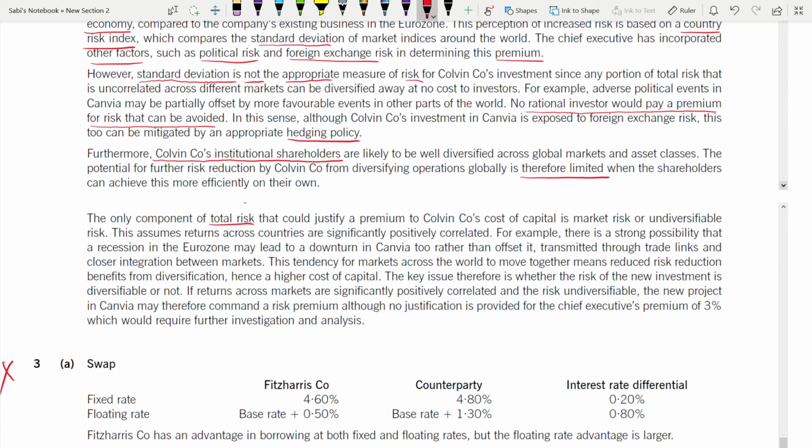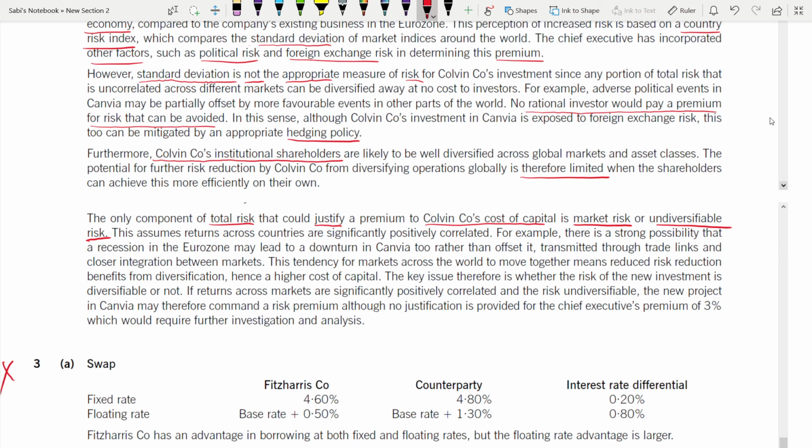So the only component of total risk that could justify a premium, out of unsystematic and systematic risk, the one which could justify a premium to Covalent's cost of capital is what? Market risk, or undiversifiable risk. Mention it when you're talking about risk and the discount rate. So for the cost of capital or WACC, you have to talk about two risks: one is unsystematic, one is systematic risk or market risk.